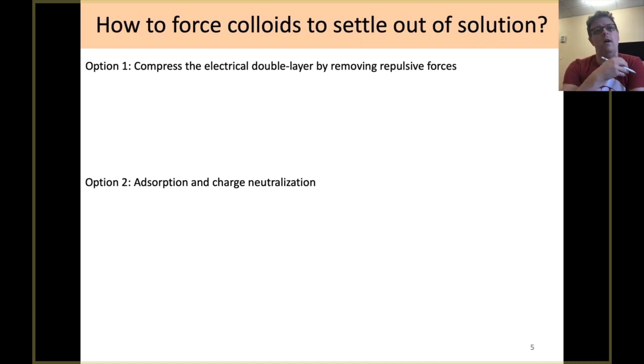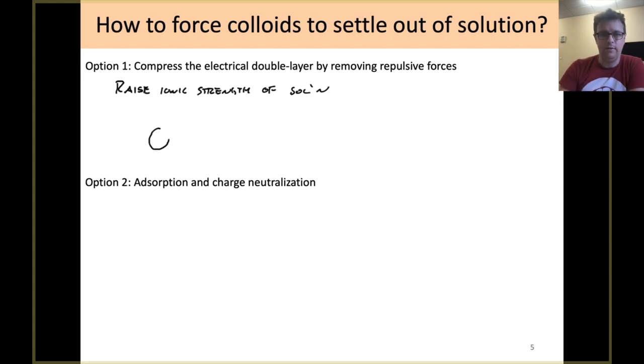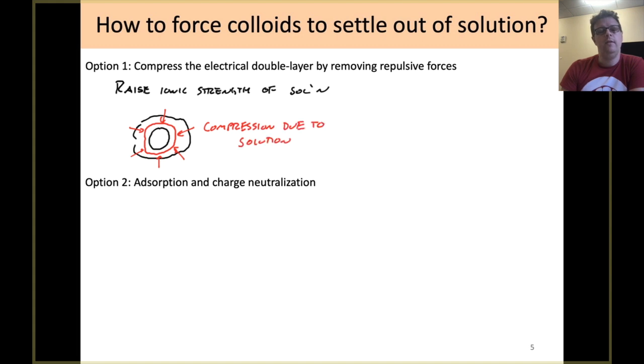Okay, option 1, we can try to get rid of the repulsive forces. One way to do that is to raise the ionic strength of the solution. The idea is we could add enough free ions into the solution that it would cause a compression of that more positive than negative layer around the colloidal particle itself.